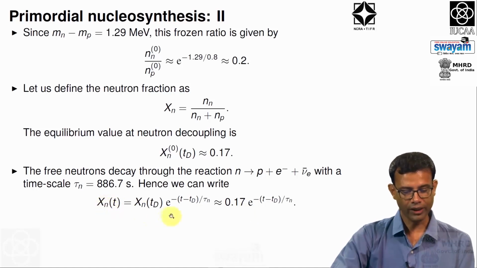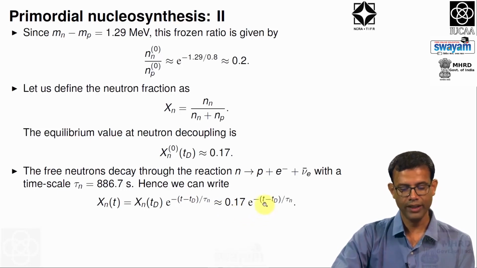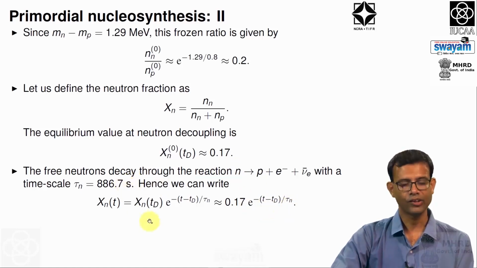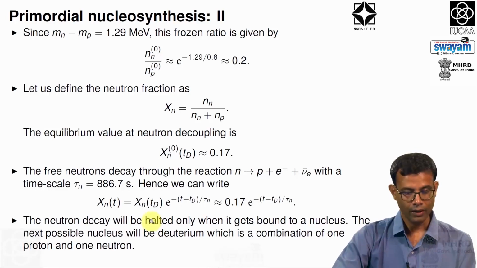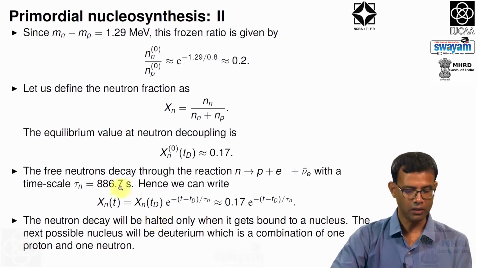The neutron fraction will be 0.17, which is the value at decoupling, times the exponential factor which gives you this exponential decay, and that increases with time starting from the time of decoupling with a time scale of 886.7 seconds.